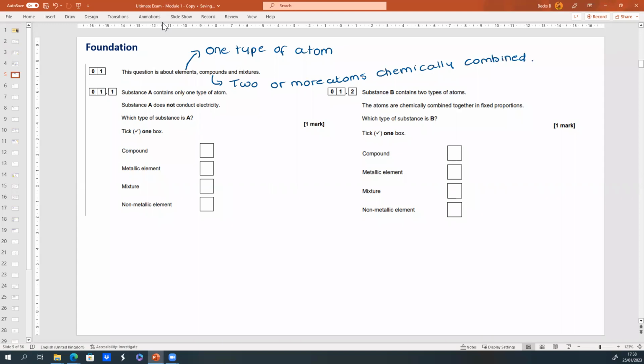And then we have a mixture: 2 or more atoms, molecules, we could use the overarching term of particles. So 2 or more atoms and molecules that can be separated.